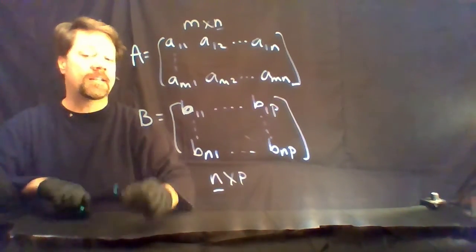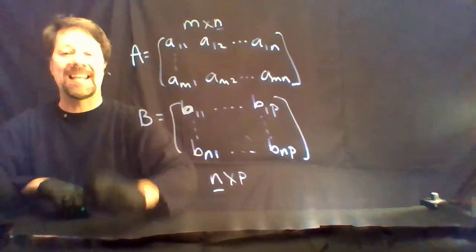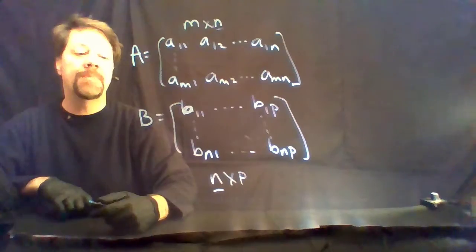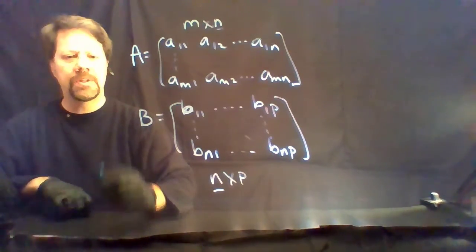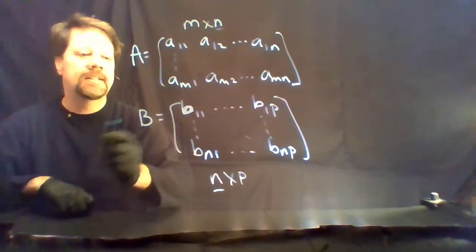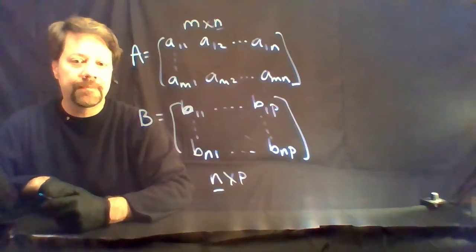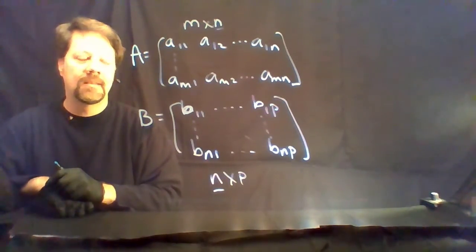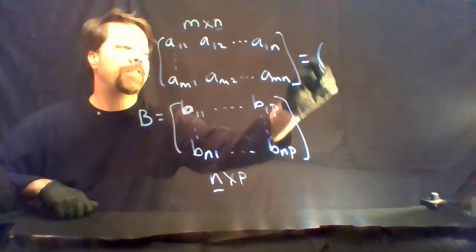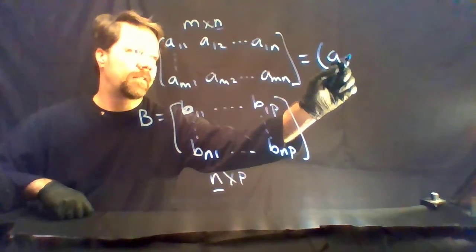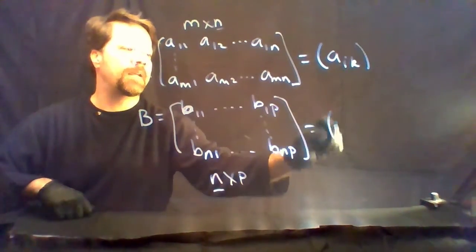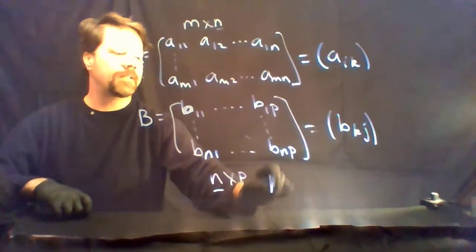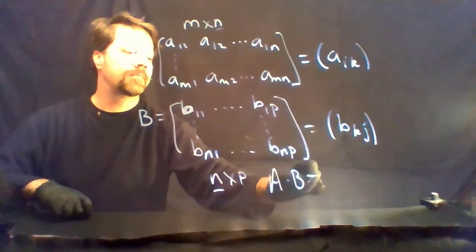However, it does not necessarily follow that the product B times A is defined. A times B may be defined, but B times A may not be defined, which is an important lesson in the fact that matrix multiplication is not commutative. It may not even be defined when you reverse the order of a product. However, if we denote this by A_ik, and this by B_kj, we can write the product A times B as follows.